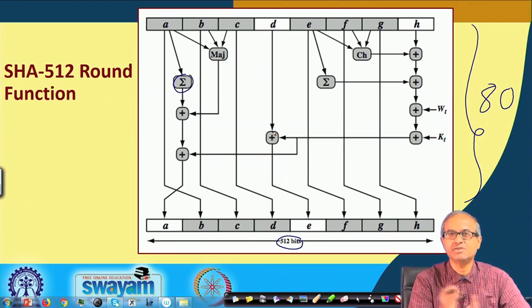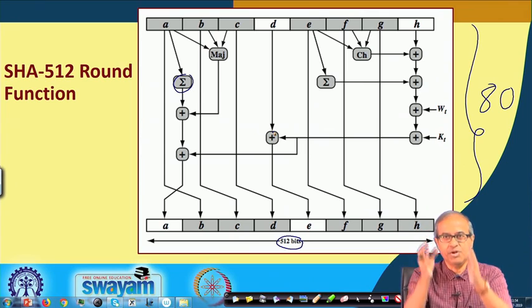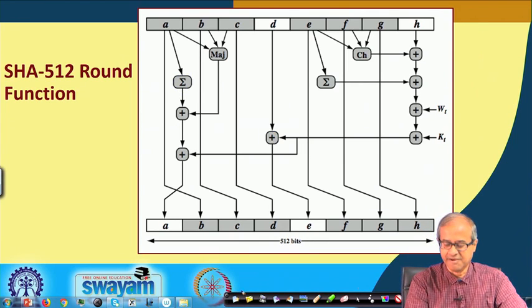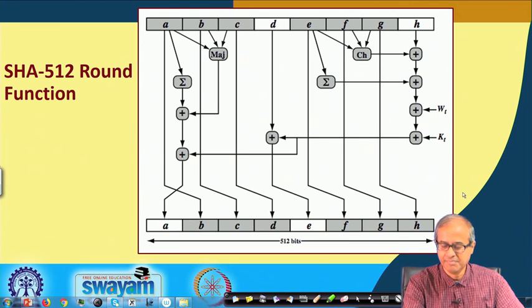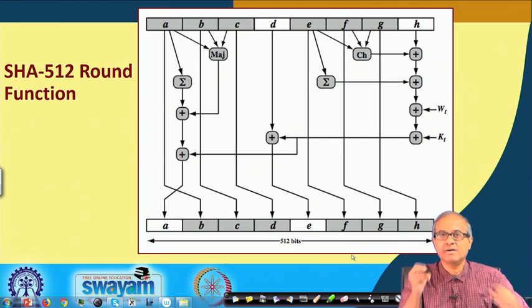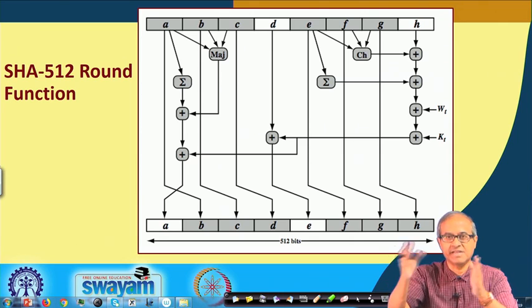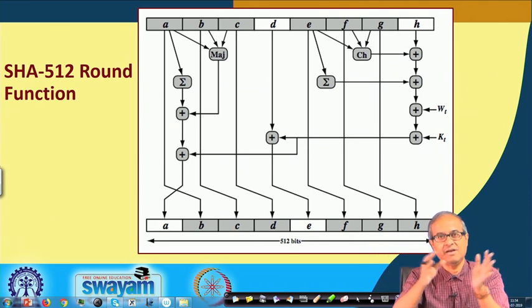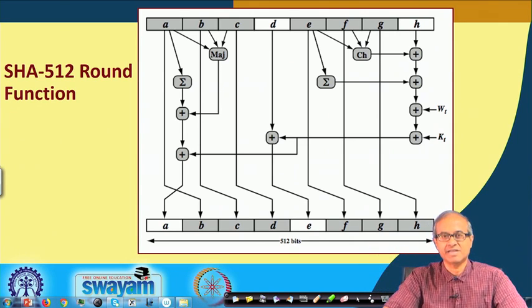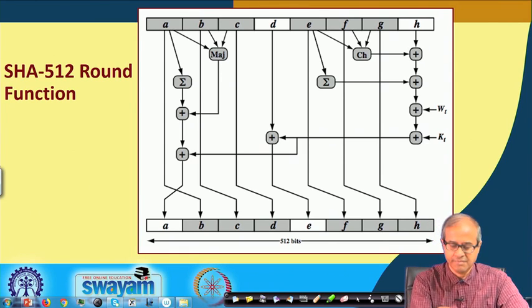There are many such operations going on inside, and everything is iterated 80 times. Only after that do you get the final 512 bit digest, and that goes into the input of f for the next one, and finally you get back a single 512 bit digest, which you take as the final hash value, right.